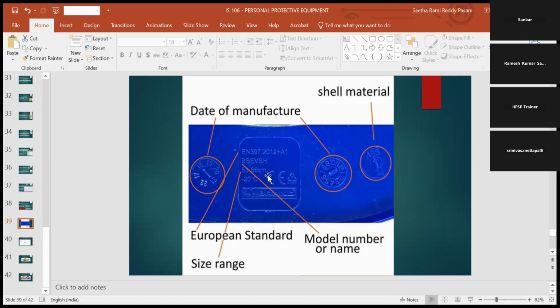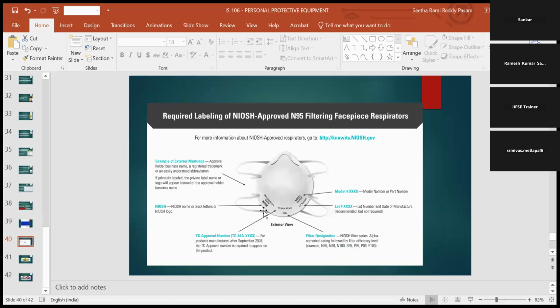Then it is made to a European standard, which is EN 397, and you'll have the model name and also the size range, which means from 53 to 66 centimeters. These are a few indicators you will have. Sometimes suppliers may sell you outdated helmets also, so you should always check whenever a supplier is supplying PPEs to the organization.